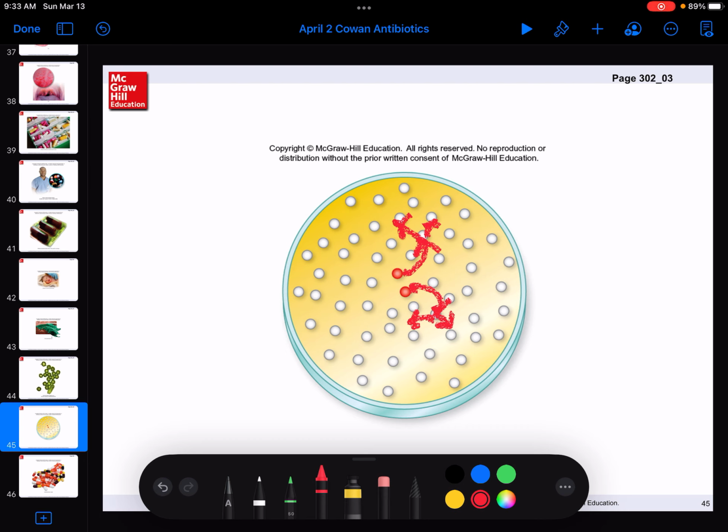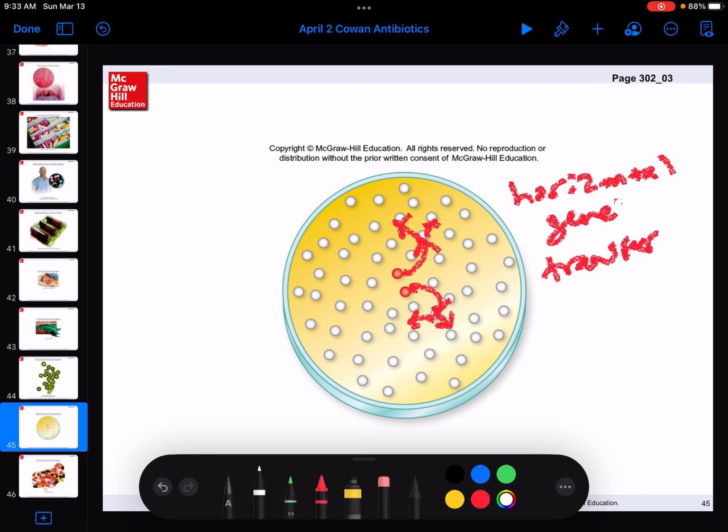And this can occur through horizontal gene transfer. We sometimes abbreviate that HGT, and that can occur through a couple of different mechanisms that we talked about previously: conjugation with a pilus, transduction, and it could also occur through viral transfer.